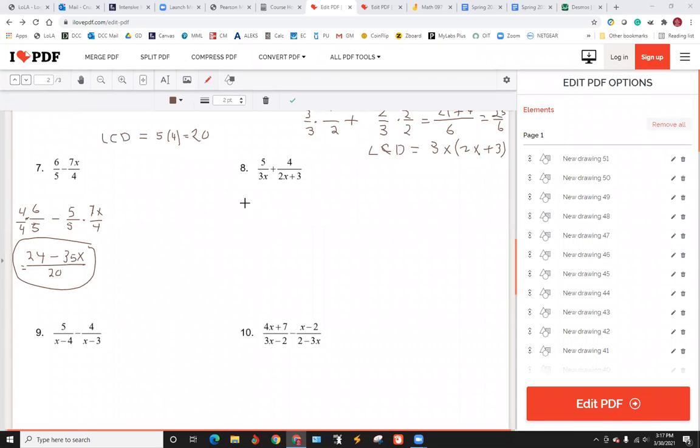All right, on the left-hand side, what's missing? It's missing the 2x plus 3. So both sides have to get multiplied by 2x plus 3. Well, this one's already got 2x plus 3. I mean, the numerator and the denominator have to be multiplied by 2x plus 3.